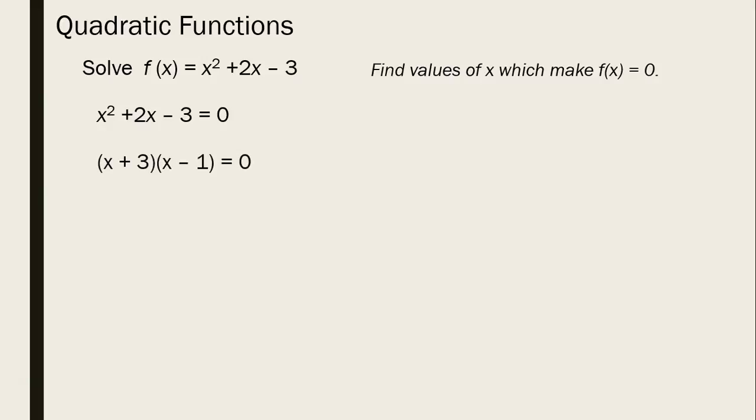In this case, we can factor the quadratic expression, set each of the factors equal to 0, and solve to get two solutions, x equals -3 or x equals 1. So what that means is, if we substitute -3 in for x in our equation, we would get 0 back out, or if we substituted 1 in for x, we would also get 0 back out.